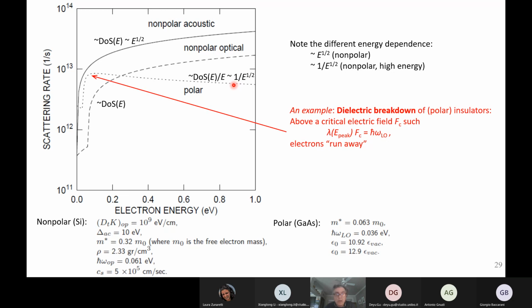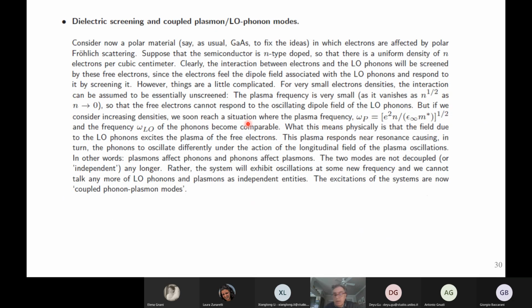And so when you integrate, you get a dependence which is the density of states multiplied by some negative power of the energy. And so the last factor can win, as it does in this case. And so you have a scattering rate which decreases with increasing energy, and that gives you the general argument for a Coulomb interaction. An electron at large energies doesn't care about the scattering potential anymore. So the larger the energy, the less and less will be the effect.